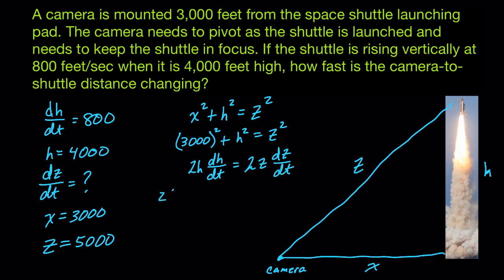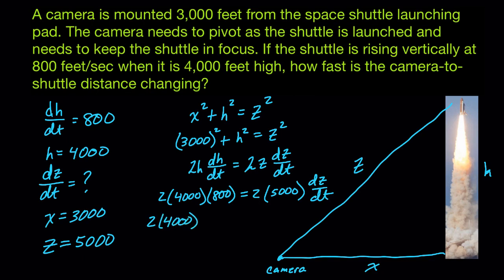Substitute values that we know. h is 4,000. dh/dt is 800. z was 5,000. And dz/dt is what we are looking for. So you can divide. You have 2 times 4,000 times 800 divided by 2 times 5,000 equals dz/dt.